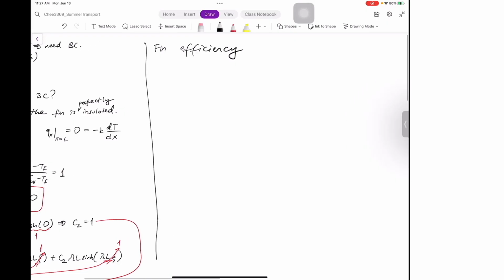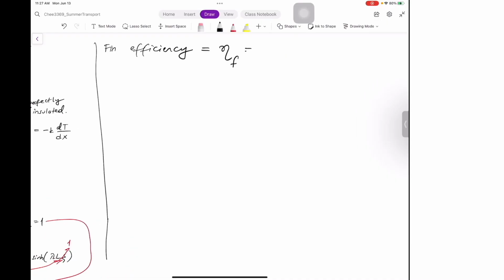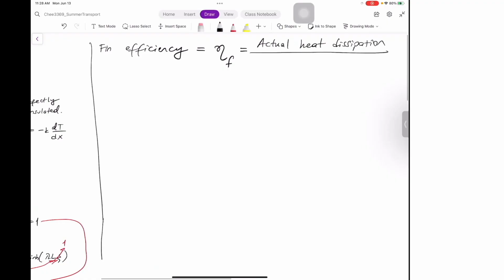Fin efficiency we denote as eta F, and it means the actual heat dissipation, the amount of heat transferred, divided by the heat dissipation in the most ideal case, if the entire fin surface is at T wall.